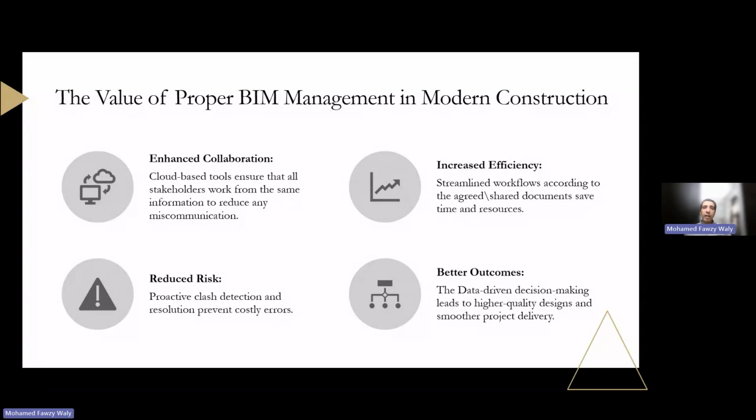This is one of the big values of proper BIM management. And also better outcomes. Always the results are what is required. Data-driven decision making leads to higher quality decisions and smoother project delivery, as the data are available and accurate. So all your decisions and actions are correct, and you are going to achieve a better outcome from your process.